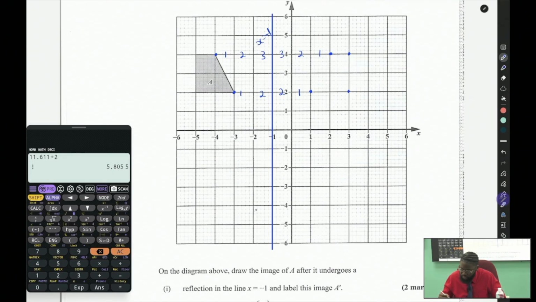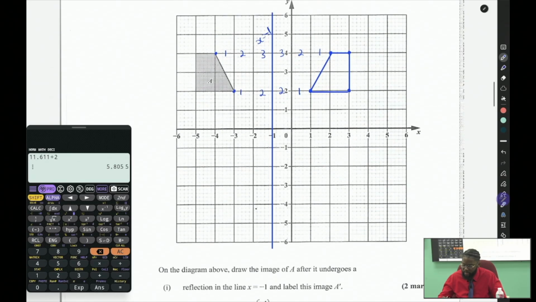So let us draw that in. That is the quickest way, but if you would like to actually work it out, there's no problem. But remember, we are working with time. Whenever you're reflecting a shape or an image, always remember that it has to be equidistant from the mirror line.